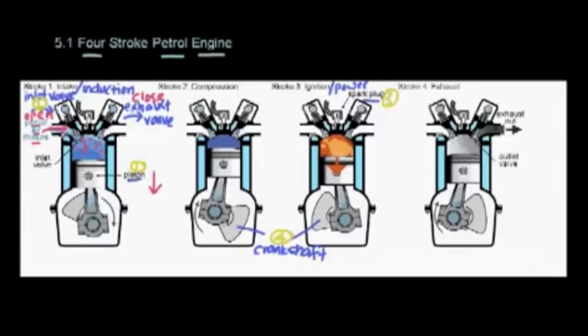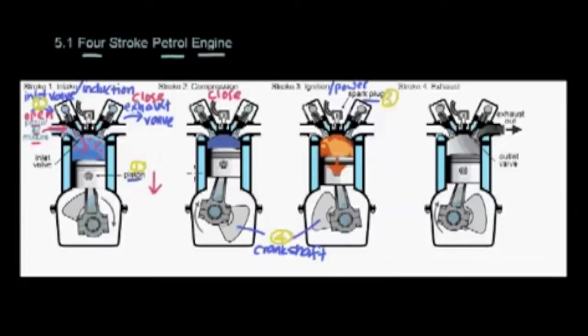And now what happens to the petrol and air? They will be compressed. So it leads us to the compression stroke. Now, for the petrol and air to be compressed, both of the valves are closed. The inlet valve as well as the exhaust valve are closed, and the piston will move up.